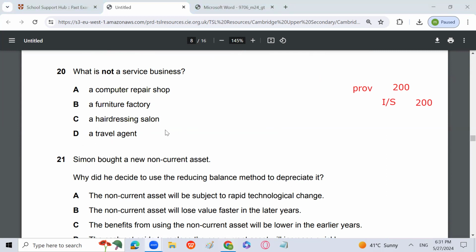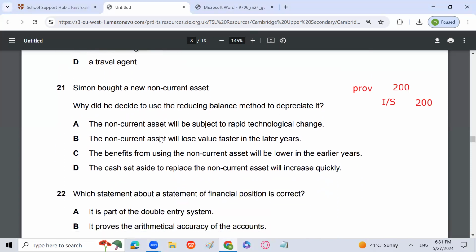A furniture factory is not a service business, because a computer repair shop is also a service business, a hairdressing salon is also a service business, a travel agent is also a service business. Why? Because we are selling and purchasing furniture.